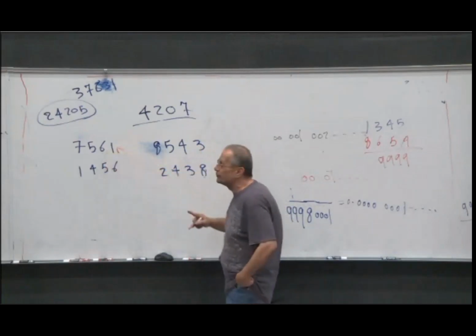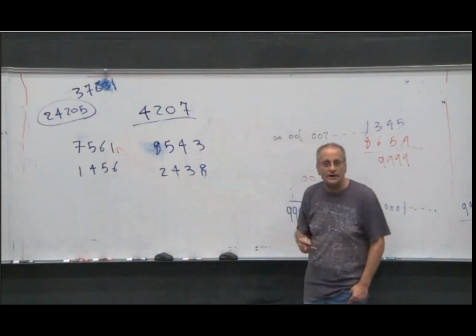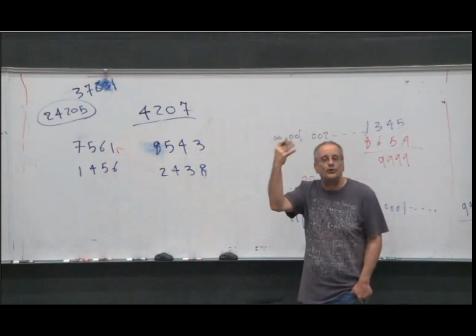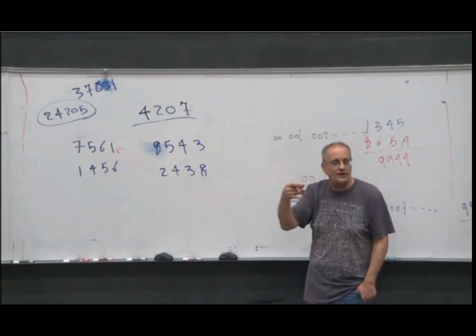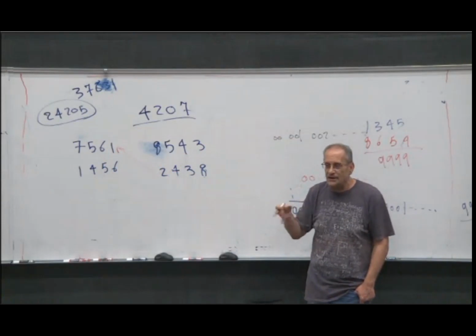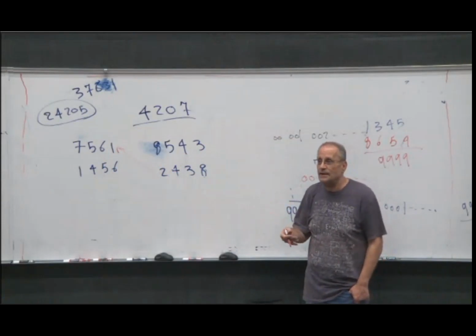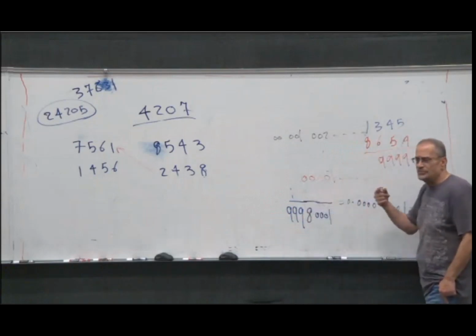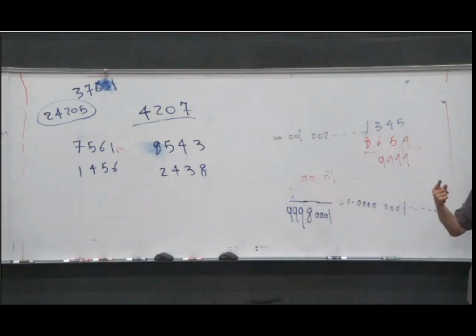If you add this one to this one, I already know it's going to be 20,000, but minus 1. Sorry, it's going to be 10,000, right? Because look, is that number 10,000 minus 1?